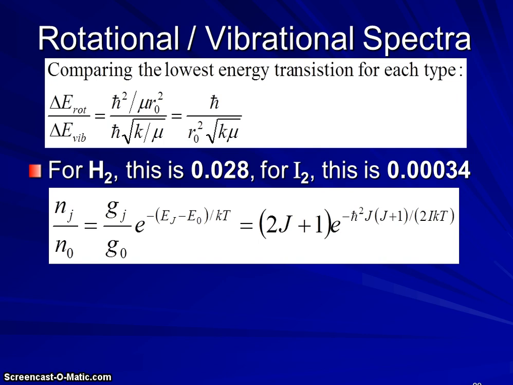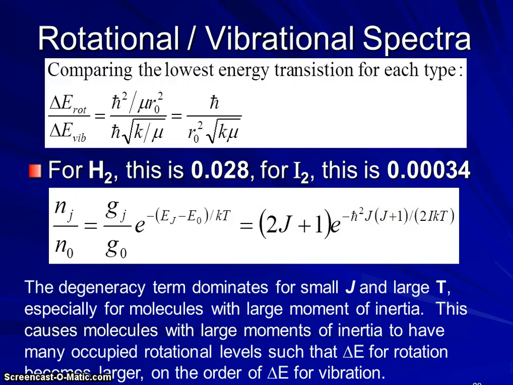So if we think about that in terms of a Boltzmann distribution, where we look at the difference in energy between two rotational states, and we characterize that here, the degeneracy term dominates for small J and for large T, for high temperatures, especially for molecules with a large moment of inertia.